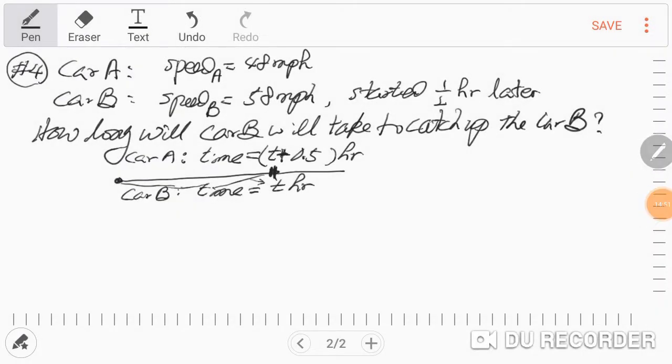Okay, this question is about a distance rate problem. Two cars started at different times. Car A started first, and then an hour and a half later, the second car started.